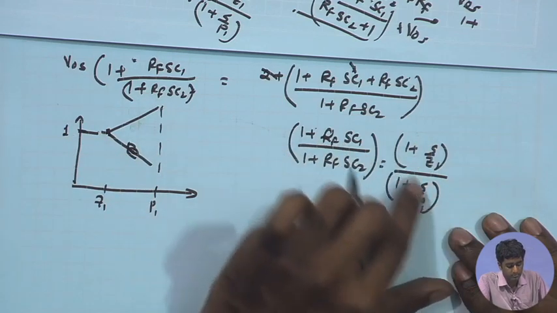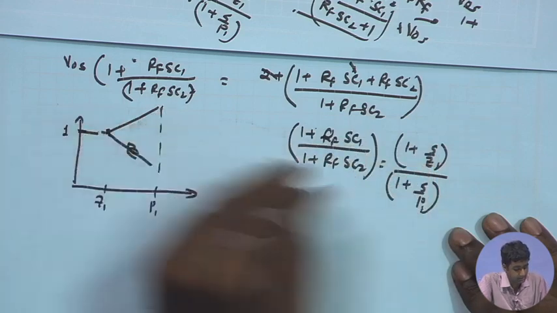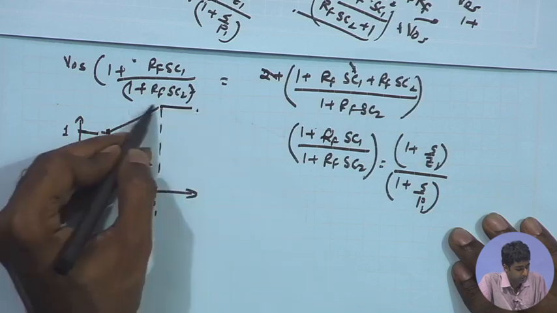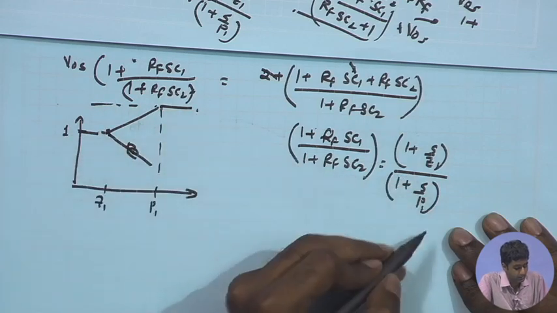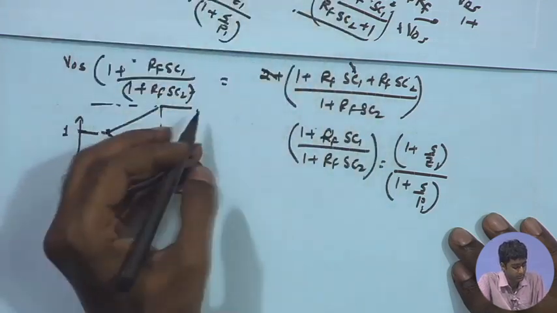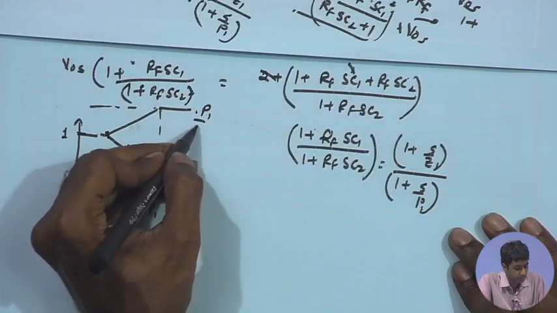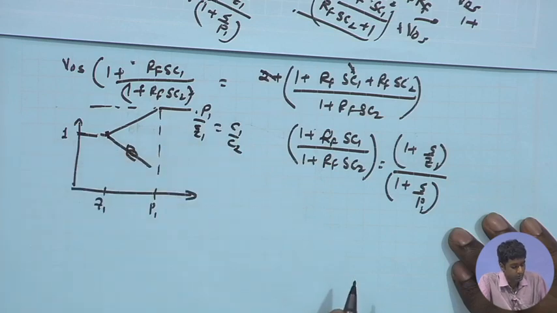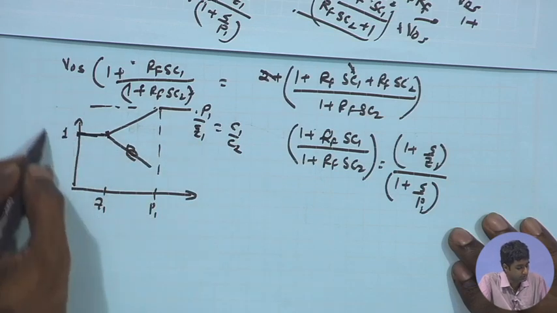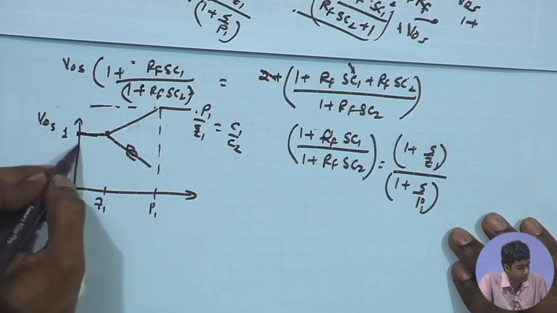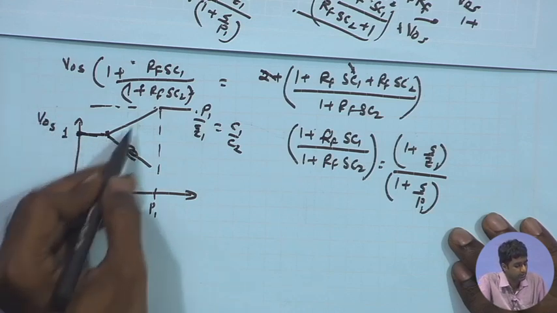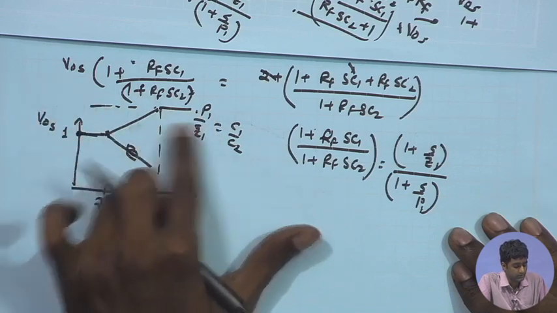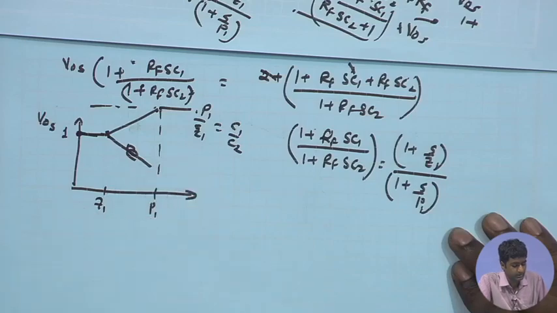Once you go much beyond P1, both the S cancel out and you are getting P1 upon Z1, which is nothing else but C1 upon C2. This is our gain for the closed loop, and at DC, of course, the gain is 1. Therefore, for the V offset, since it is a DC signal, we have to look at the gain of 1. For AC signal, the gain is as expected, as we look for frequencies sufficiently higher than P1.